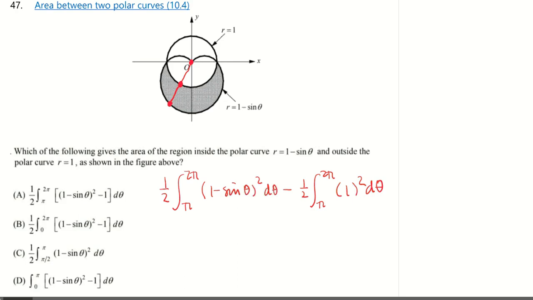Oh, that's 1 squared d theta. And they're going to combine these. Okay. And there it is. 1/2, pi to 2 pi, 1 minus sine theta squared minus 1 squared. Yeah, there it is.